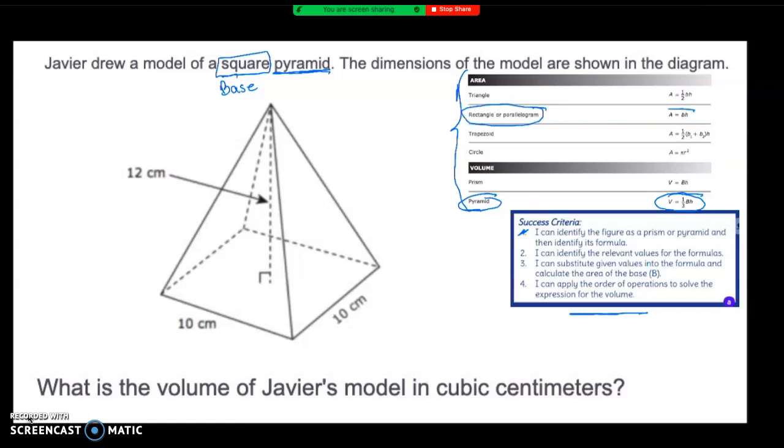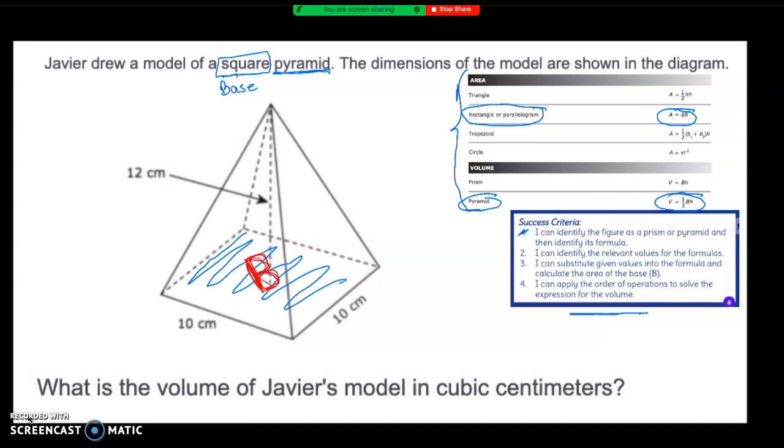So we're going to be using this for the base, the capital B. We know that the base is a square, and so if we look back at our model, there's only one square, and it's right down here. So that little square there is going to be our capital B. That's going to be our base.